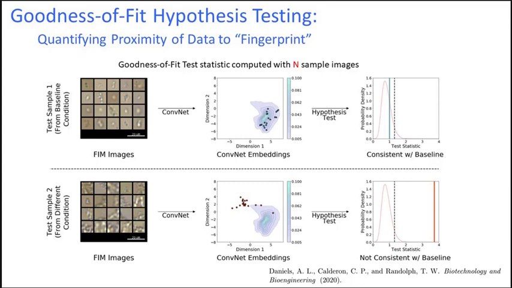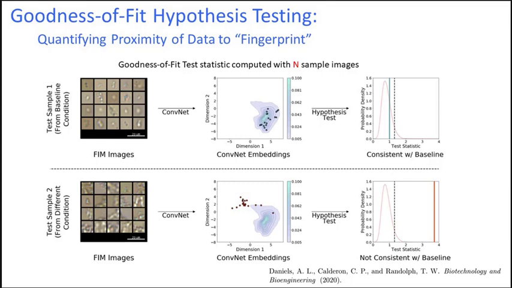The question we have is, how consistent is this distribution of points with the baseline PDF or the fingerprint? That's why we estimate the PDF in this particular case, because it allows us to do formal hypothesis testing. From this collection of points, which I'll show the mechanics of later, we can formulate a metric for quantifying the consistency of this distribution of scatter plot points with the PDF, and that results in a test statistic.